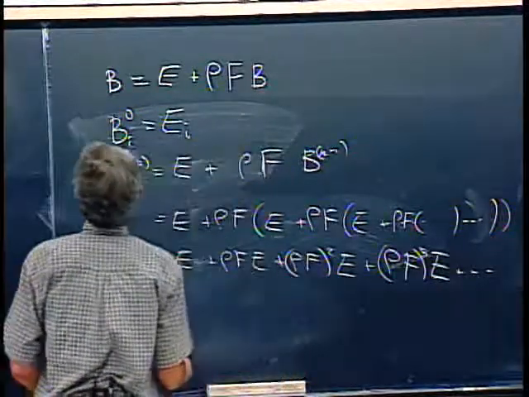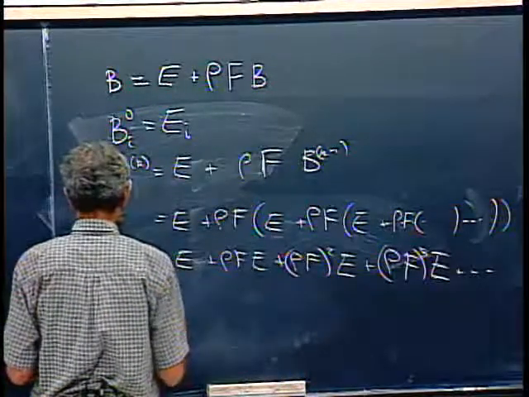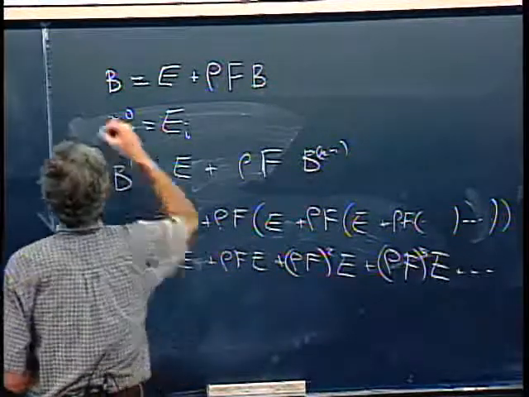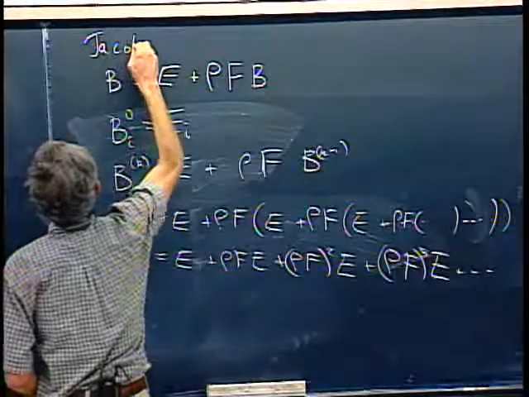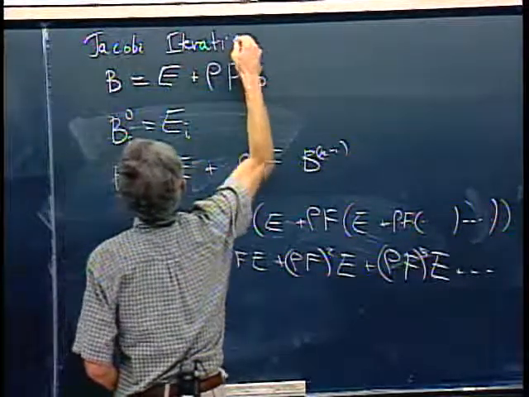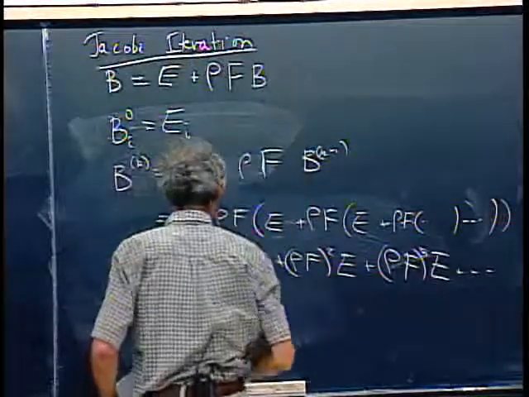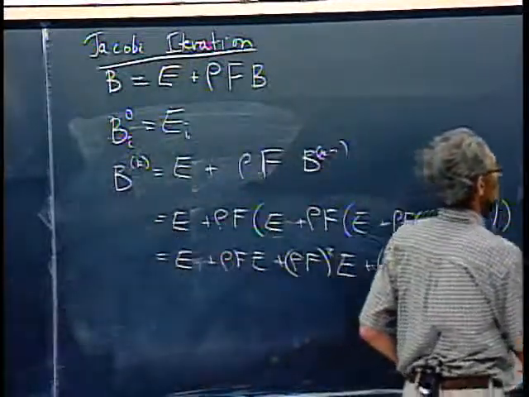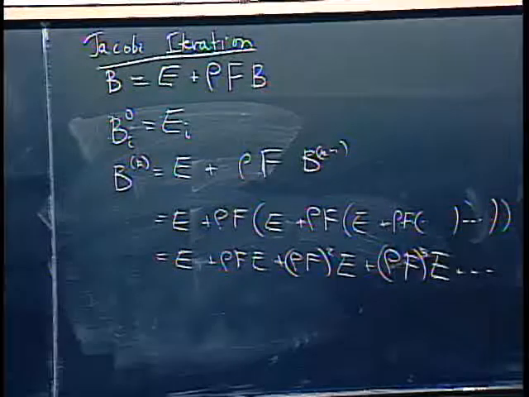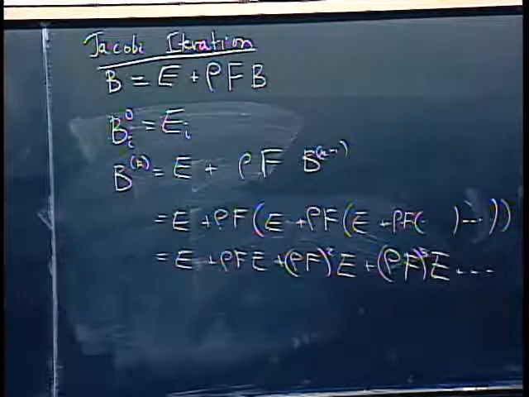So this is called, I forgot the name of it, whose iteration? Jacobi iteration. And now I'm going to write a piece of code that looks like it implements that. I've got it on my next page here.